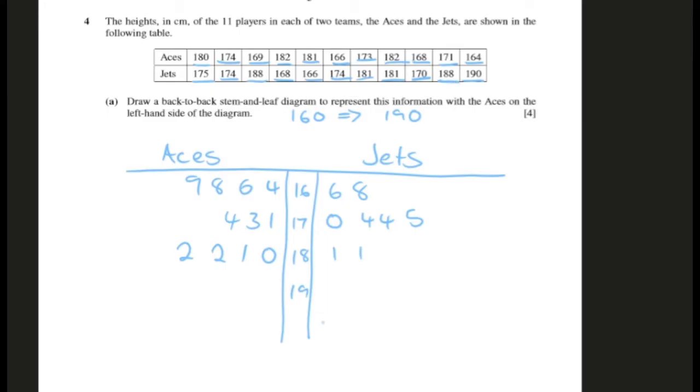So I think that's everything. 1 2 3 4 5 6 7 8 9 10 11. Okay, so that's our diagram, and we need to add a key.